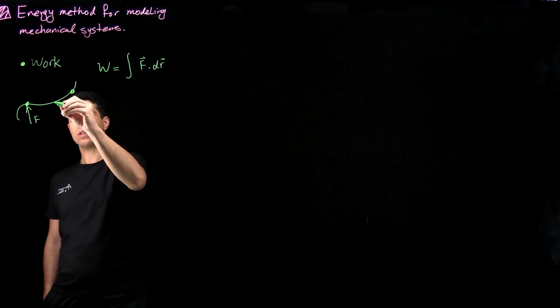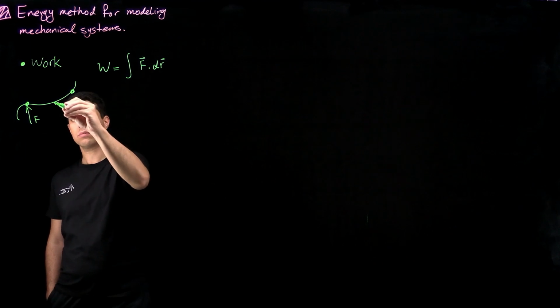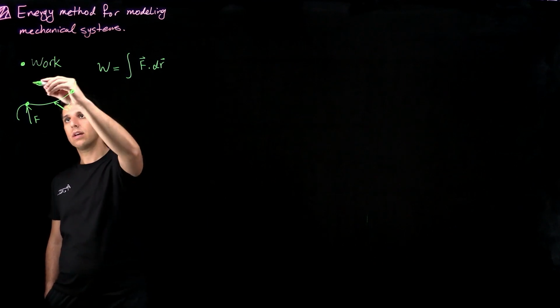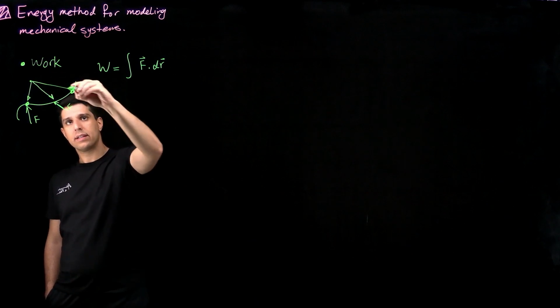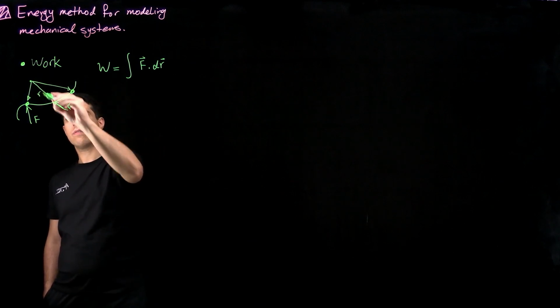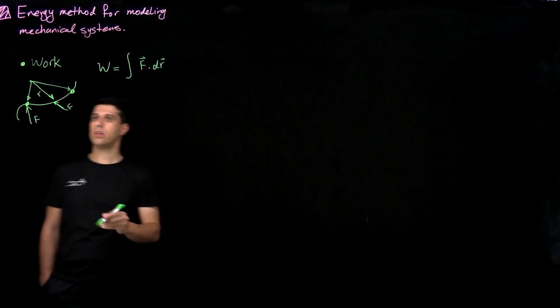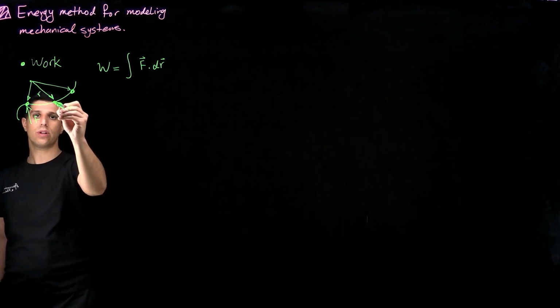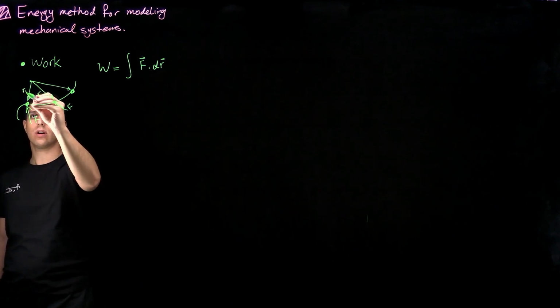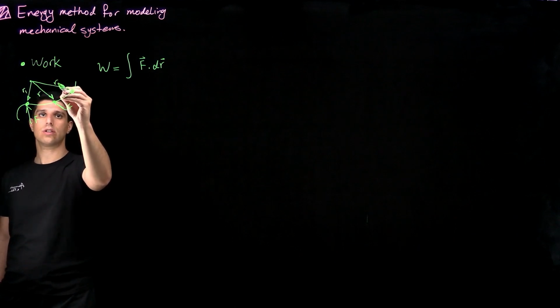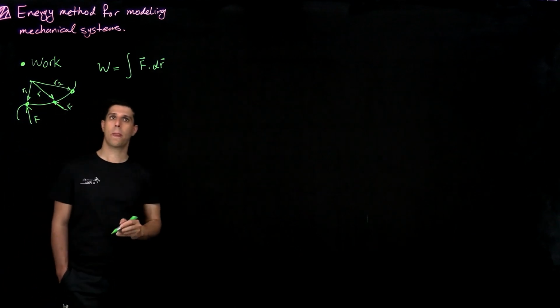So somewhere along the way, this is my force. Maybe it has rotated. R is the vector from a reference point to the point of application of force. This is R1. This is R2, the final position.